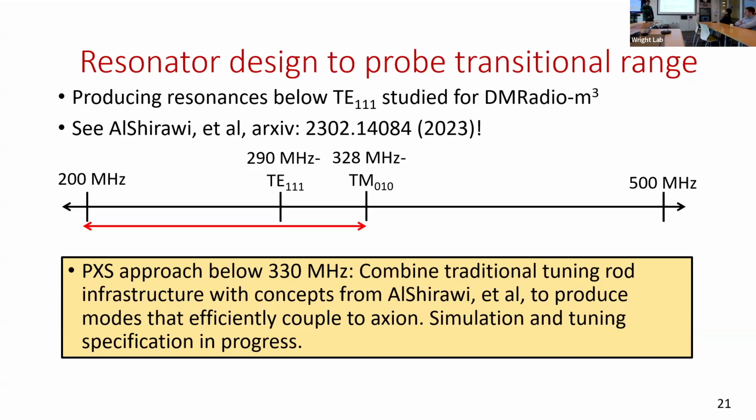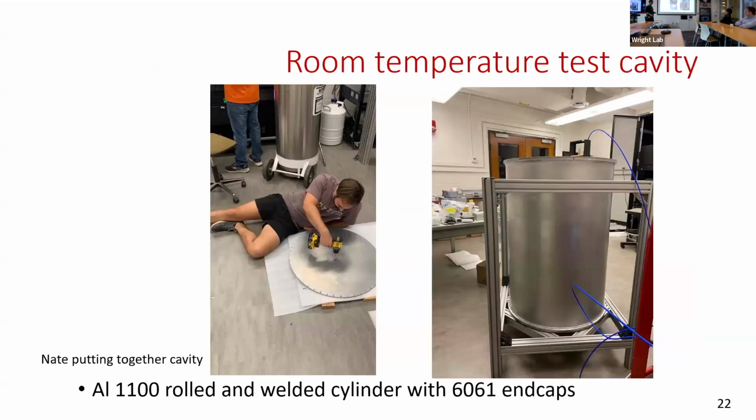So the approach that we have in mind right now, and this is an incredibly juicy problem, is to combine these traditional tuning rod techniques that you see in haloscopes with the concepts that DMRadio cubic meter has come up with to inform the tuning strategy in that range. So we are working through this. This is a lot of what Nate's been doing. So stay tuned there. We don't have an answer yet.